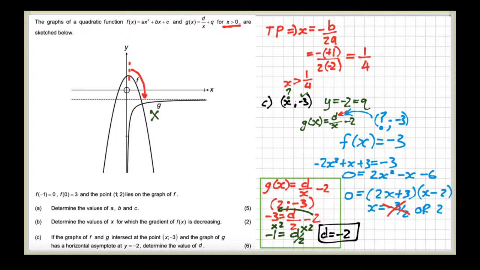If we looked at x smaller than 0, it would have laid there, which means d is smaller than 0. d is equal to -2. Yes! I've got this. And therefore I know I've answered the question as well, because they did ask me specifically for the values of d.